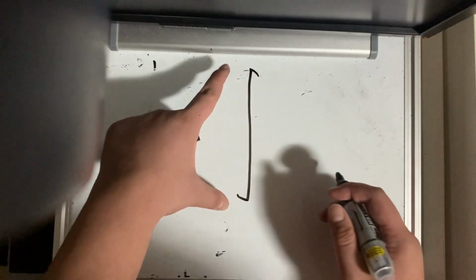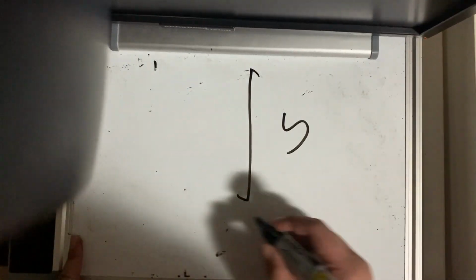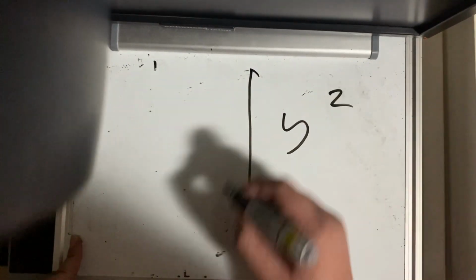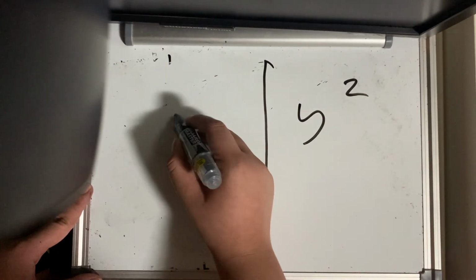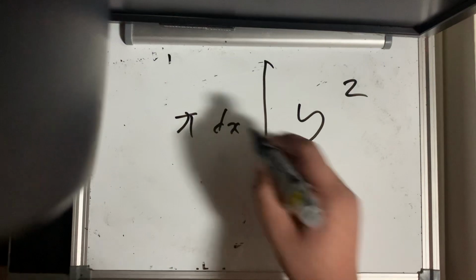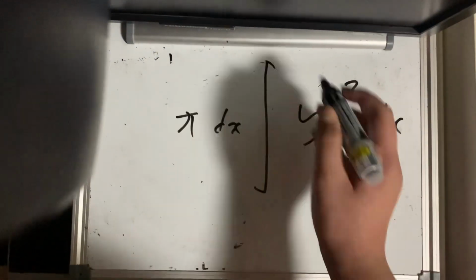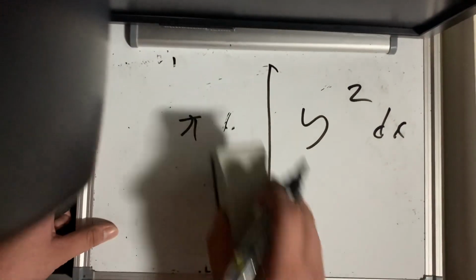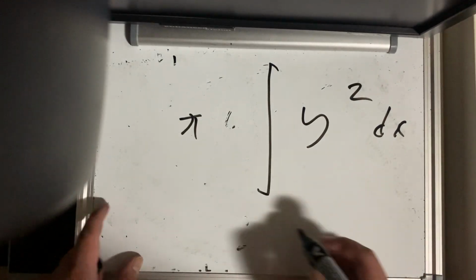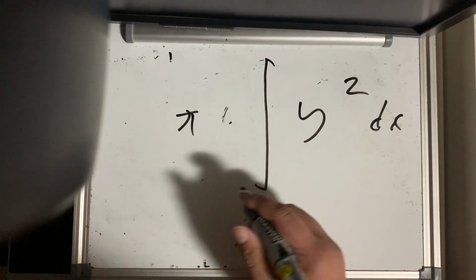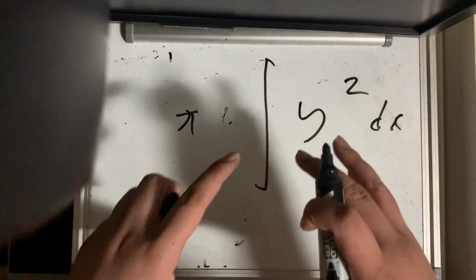The same exact symbol for adding up all the rectangles is going to be adding up all the cylinders with a similar logic, and all of this multiplied by pi and dx. dx, I can just move it here because that's how you write integrals all the time. dx is always at the right, and then you have the pi in front. Thus, this gives me the added sum of all the tiny cylinders that make up that giant solid.